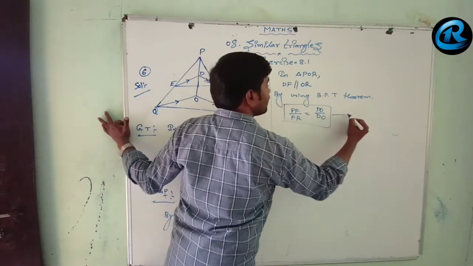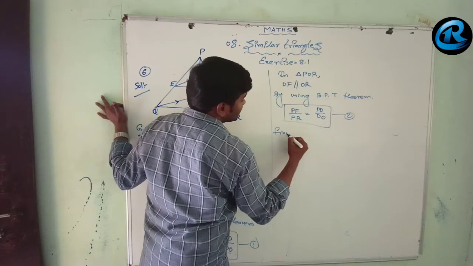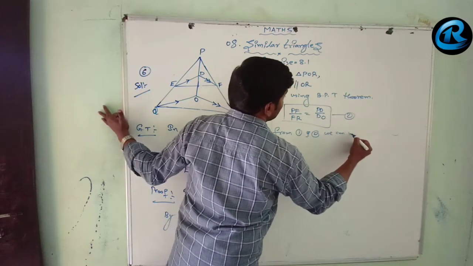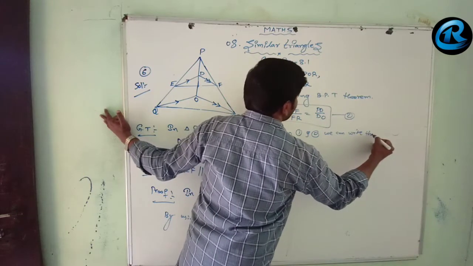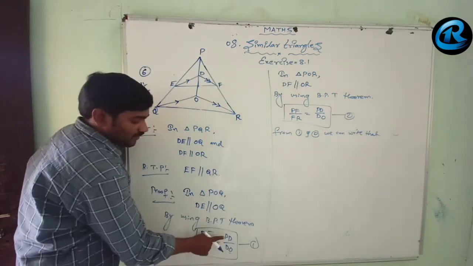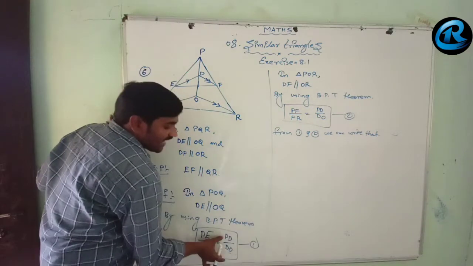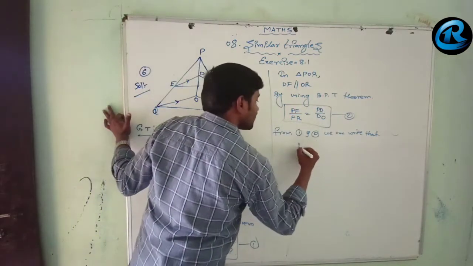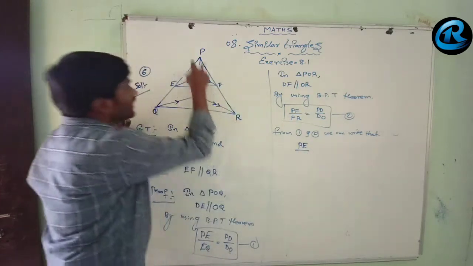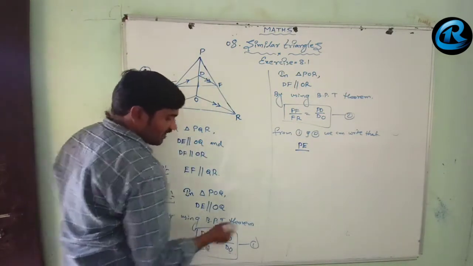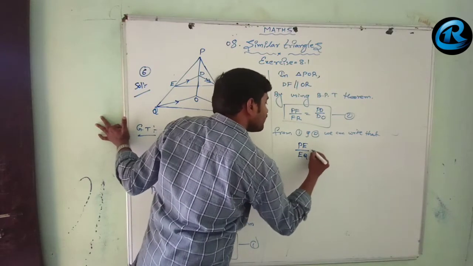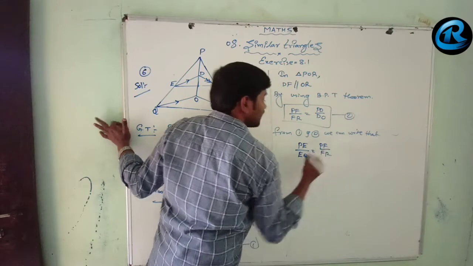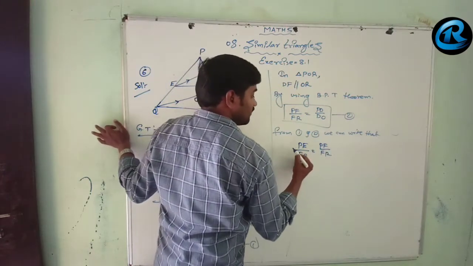It is equation number 2. From 1 and 2, what can we say? From equation number 1 and equation number 2, the RHS sides, PD by DQ, are the same. So let us make the LHS equal. Hence we can write PE by EQ equal to PF by FR. It is equation number 3.